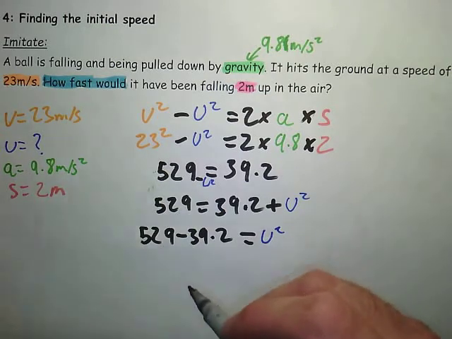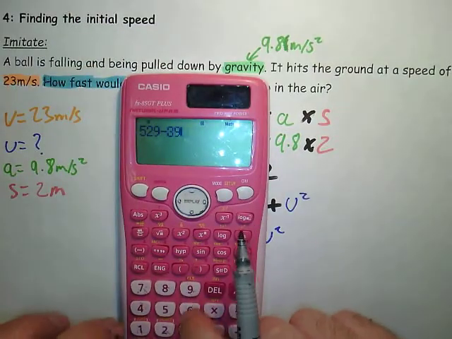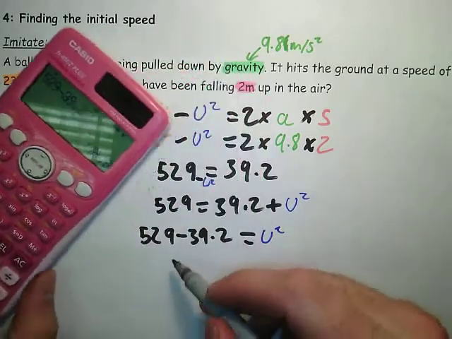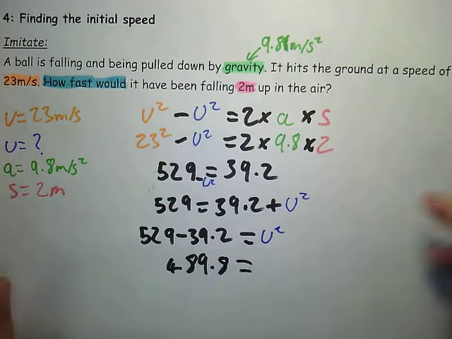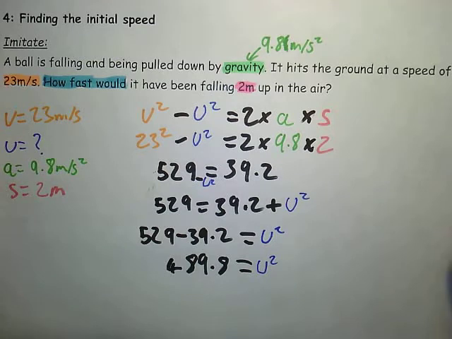So 529 minus 39.2 is 489.8. Now all we need to do is square root that to find what U is.